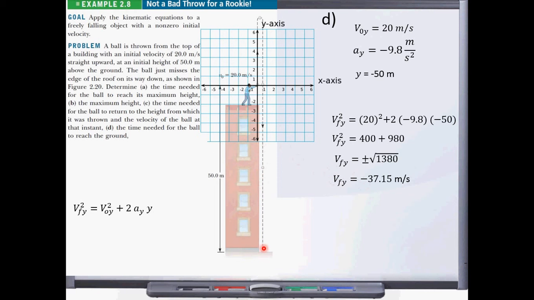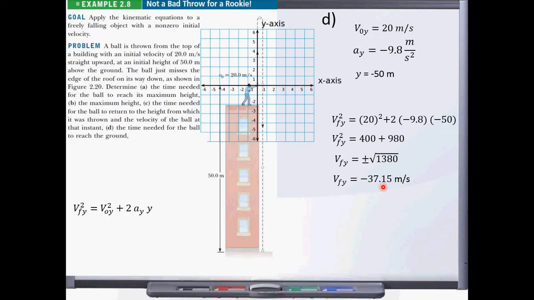Before you touch the ground, your final velocity is moving down, so you have a negative velocity. If your velocity is moving up, like the initial, it is positive, but if it is moving down, it is negative.